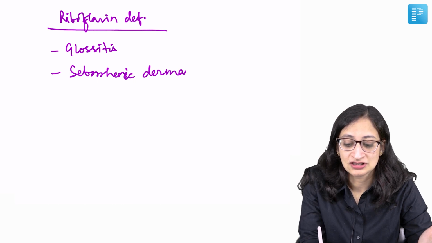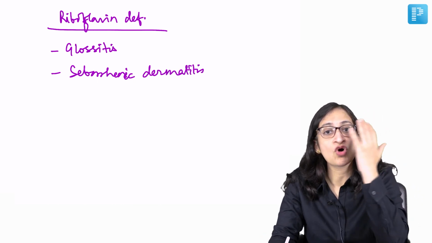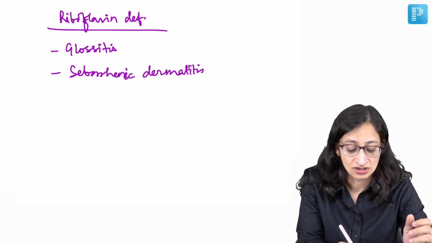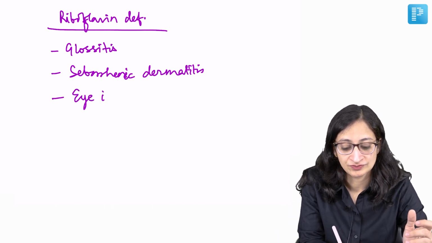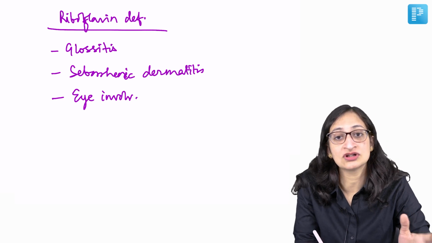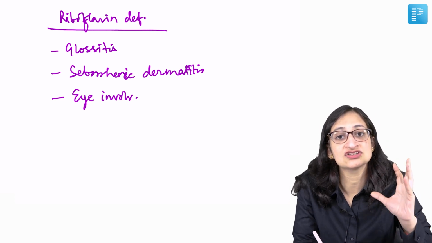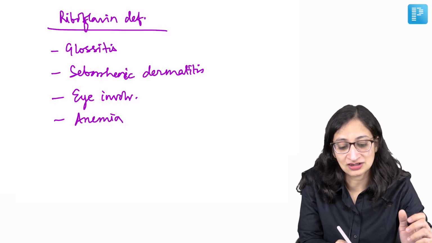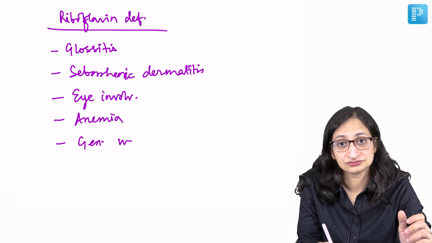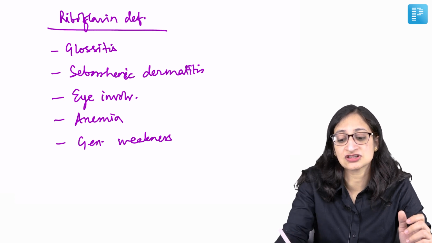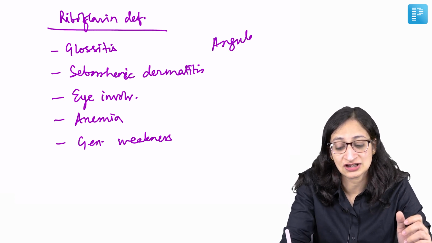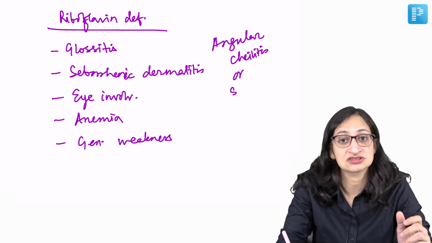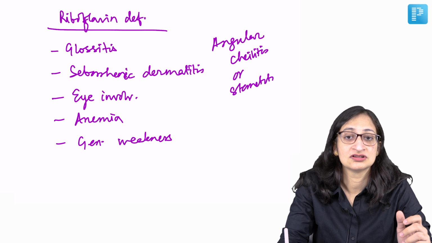There can be eye involvement in the form of corneal vascularization, keratitis, conjunctivitis, photophobia. Then there can be anemia and generalized weakness. So many clinical features are possible in riboflavin deficiency.